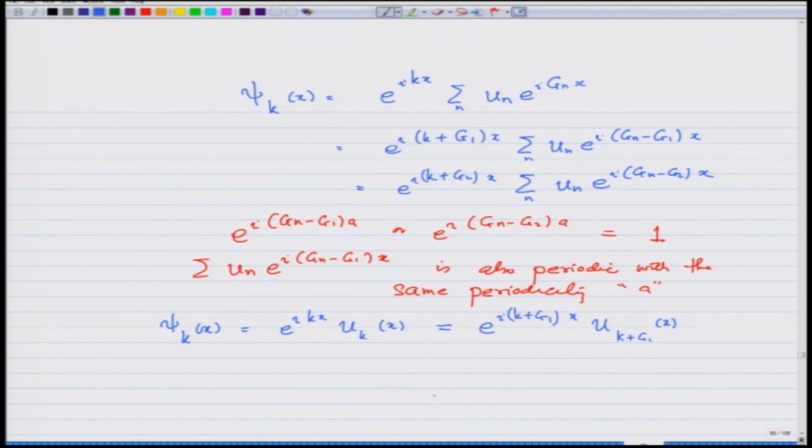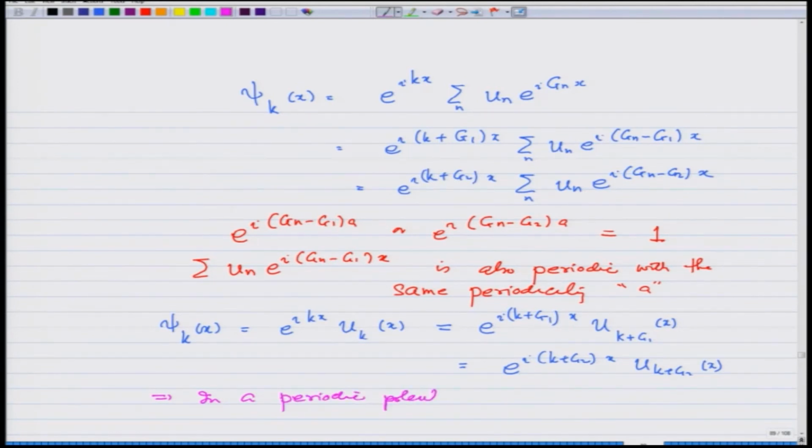It is the same, satisfies Bloch's theorem. I could also write this as e^(i(k+g2)x) u_(k+g2)(x), and therefore, the final solution remains the same.